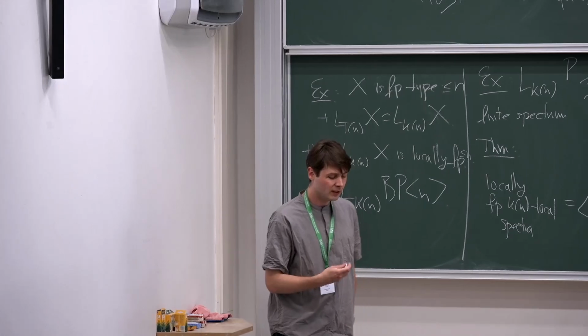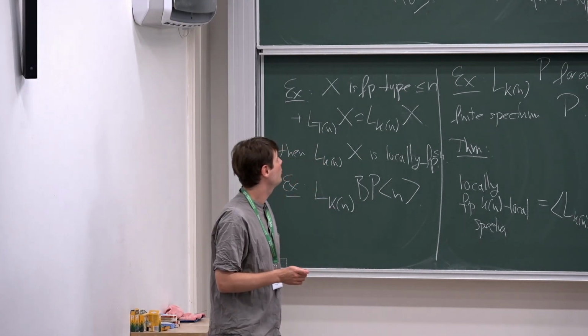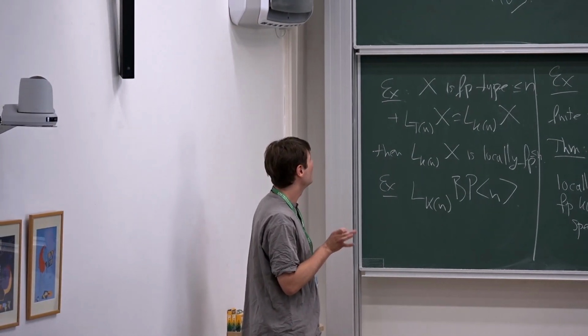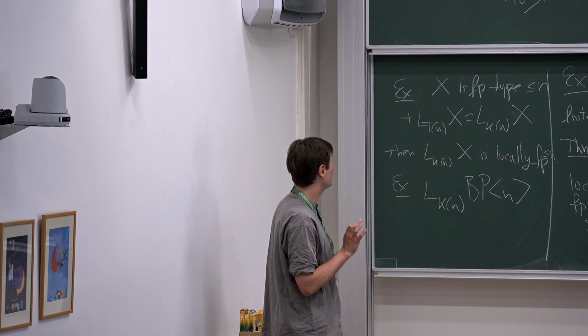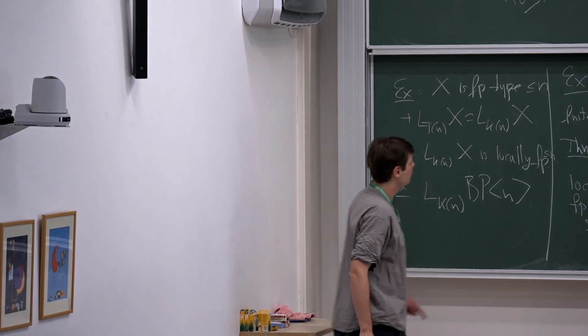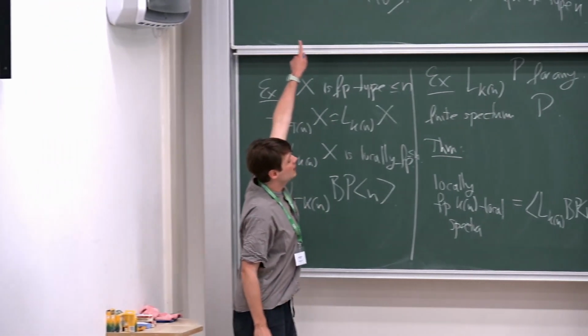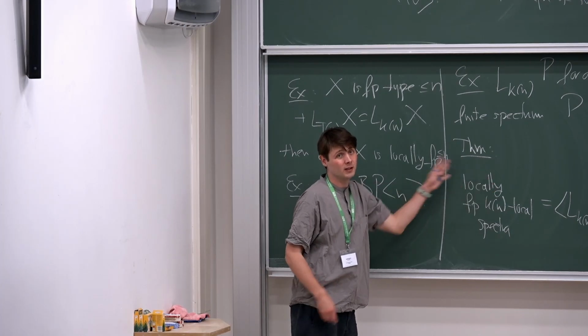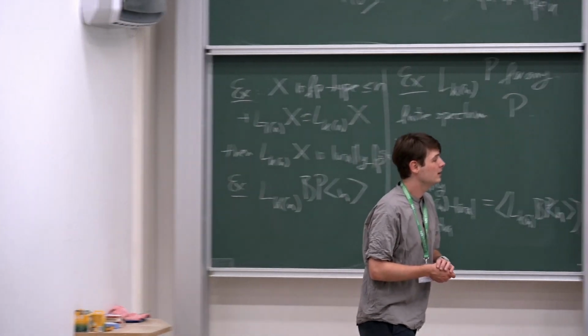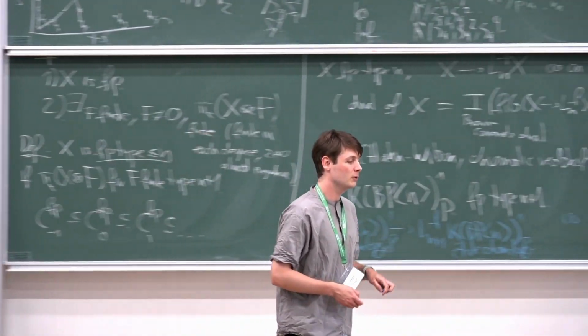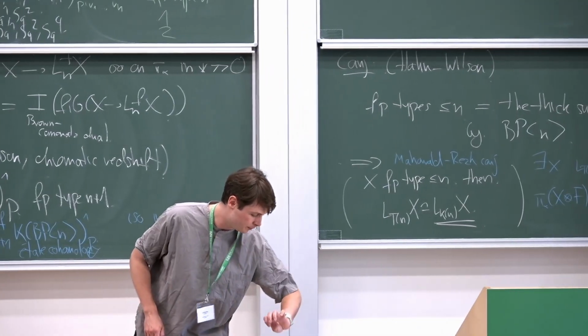And using the fact that the telescope conjecture is true at height 1 and some other properties that I don't want to get into that are probably not so essential, we're able to deduce the integral statement from this statement at height 1. At larger heights it is quite difficult because, again, you need to deal with the telescope conjecture first.